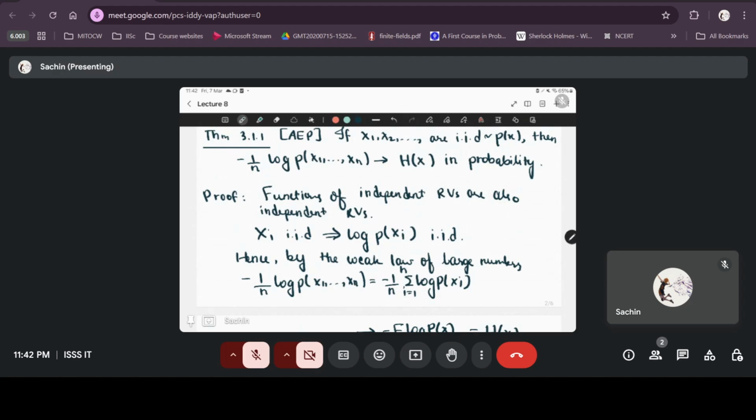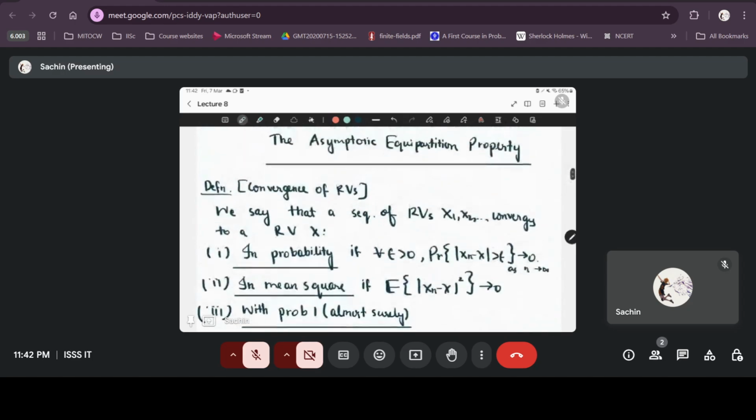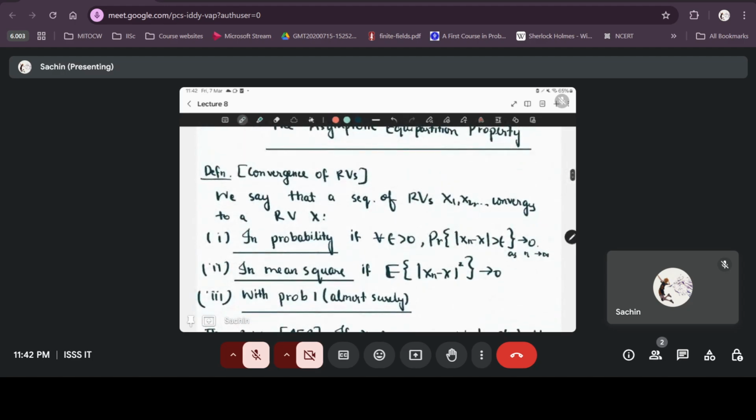When we say in probability, then from the convergence in probability, we have for all epsilon greater than 0, probability of the magnitude of xn minus x greater than epsilon approaches 0. That is, for any epsilon and delta, there exists an n0 such that for all n greater than or equal to n0, probability of xn minus x greater than epsilon is less than delta.